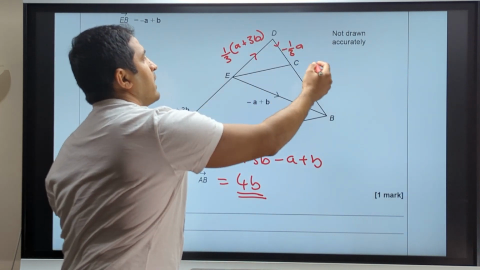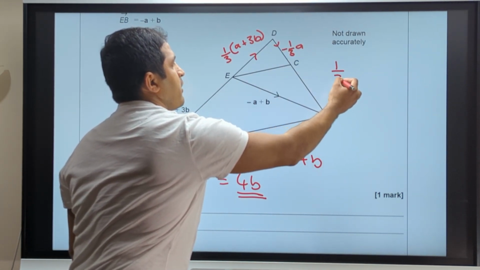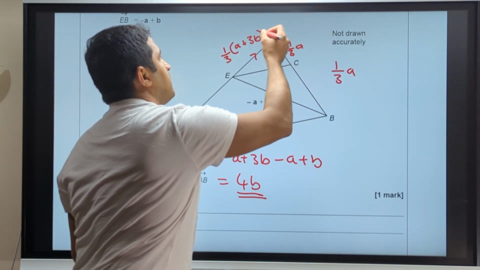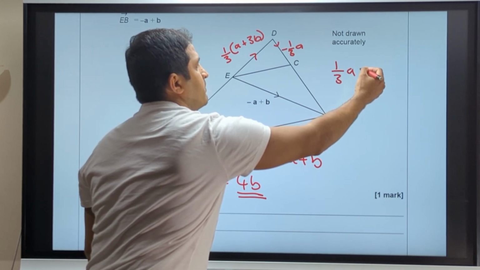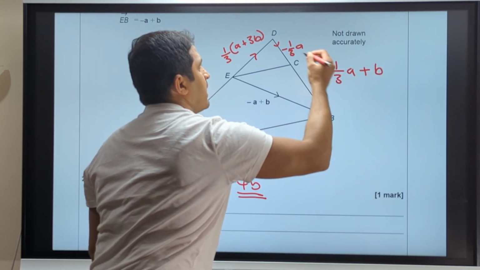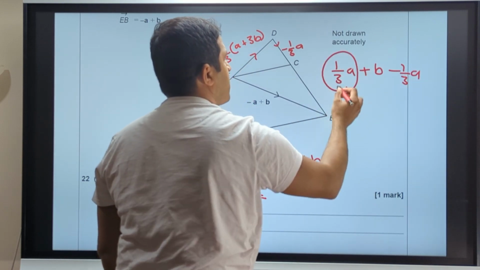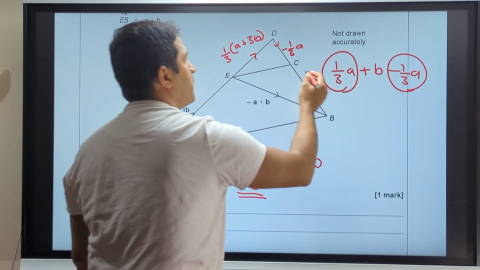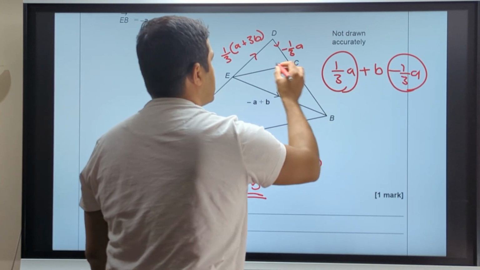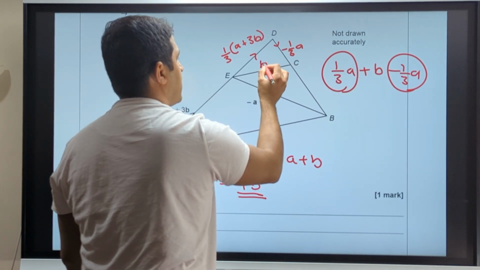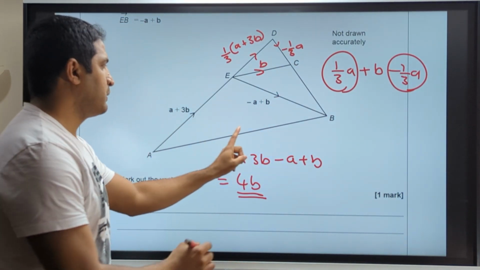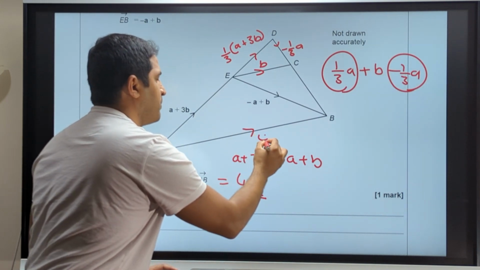So we're going to say, okay, 1/3 of a, and 1/3 times 3b gives you b, and then take away 1/3 of a. So 1/3 of a and take away 1/3 of a will give you 0. So E to C is b, whereas we worked out AB is 4b.